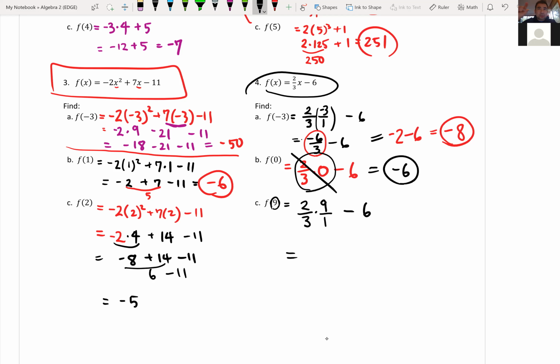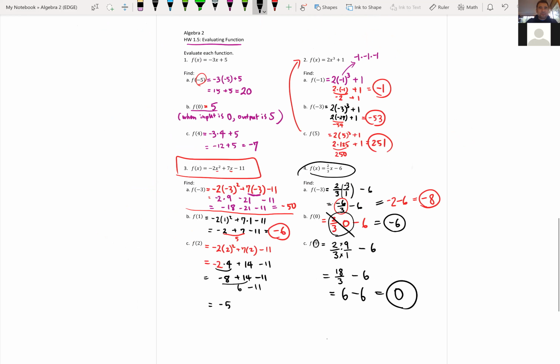Just multiply straight across. 2 times 9, 3 times 1. So that's 18 over 3. But what's 18 divided by 3? Isn't that 6? So you've got 6 minus 6. So that would be 0. Okay.